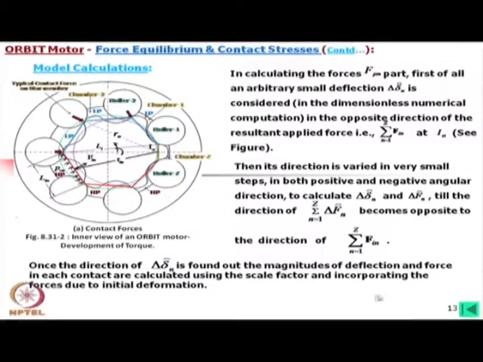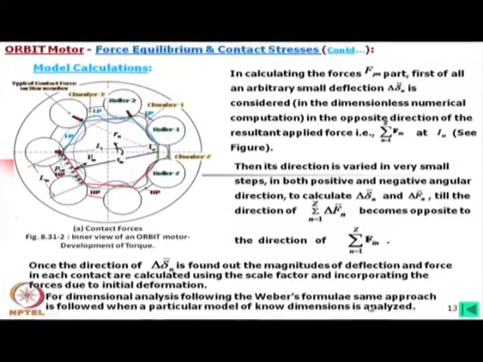This is the same as what I have described; it is written here. For dimensional analysis, the following Weber formula, the same approach, is followed when a particular model of known dimension is analyzed.